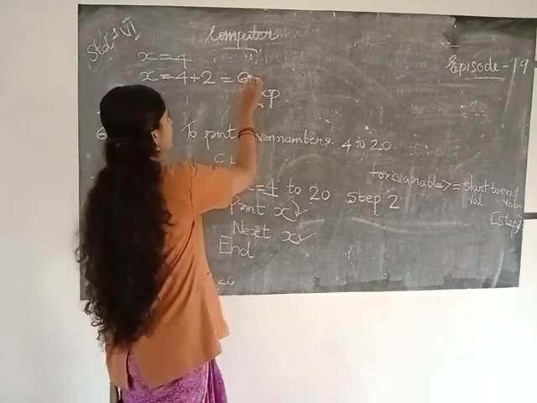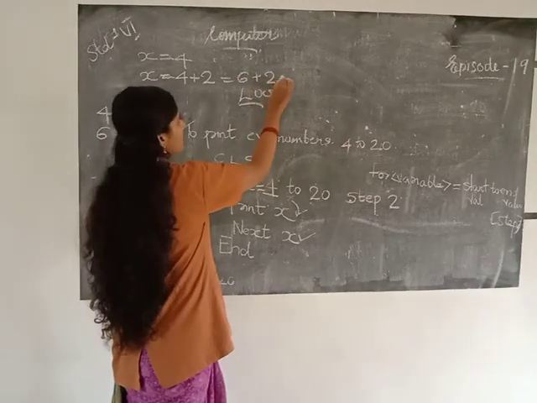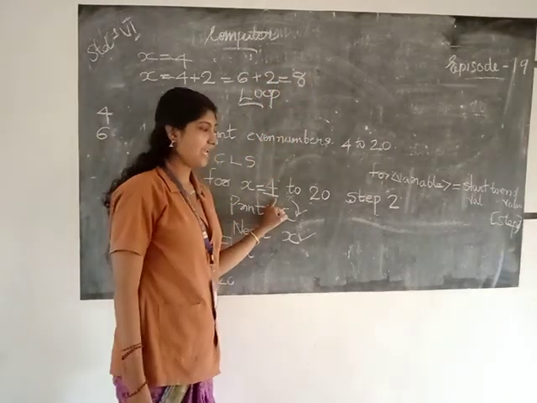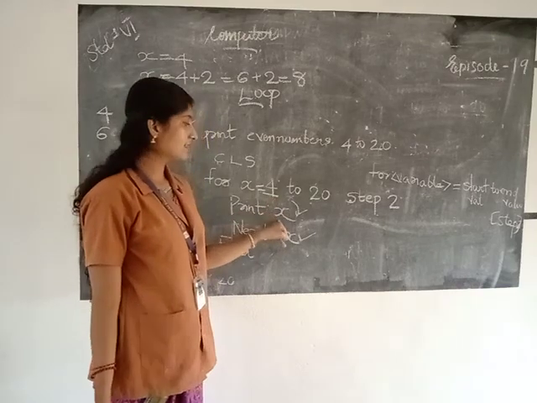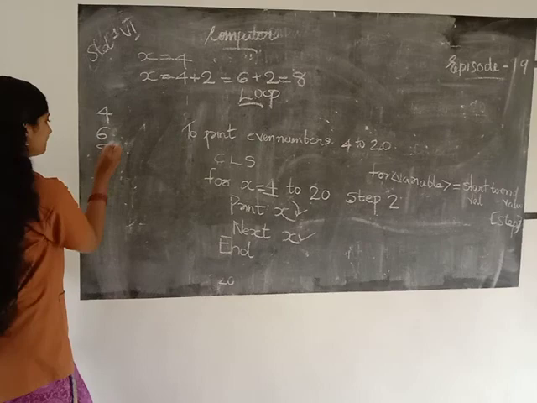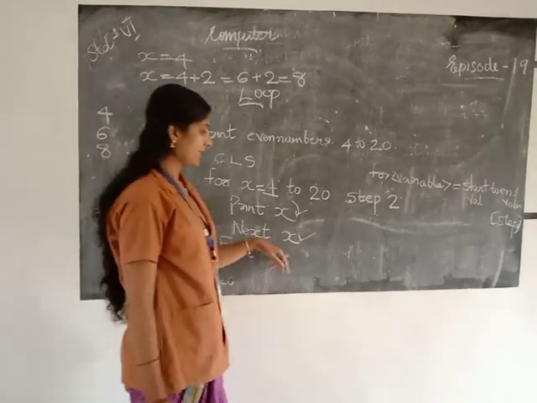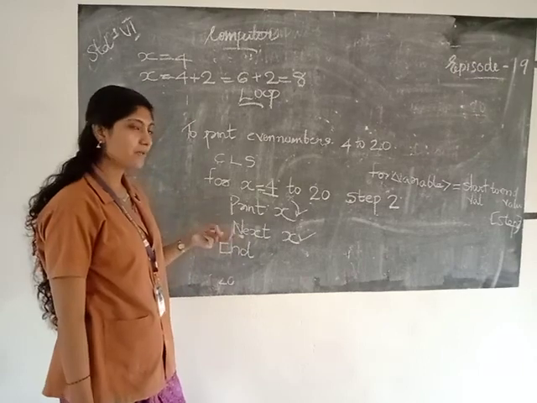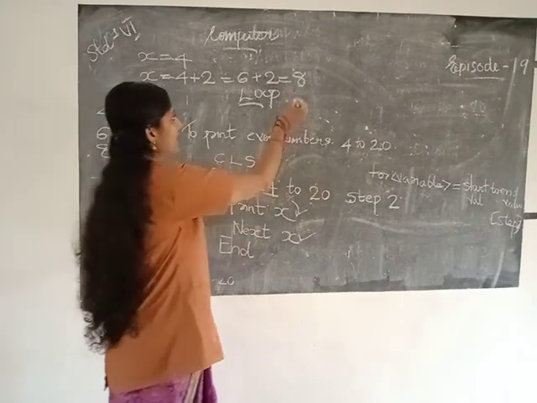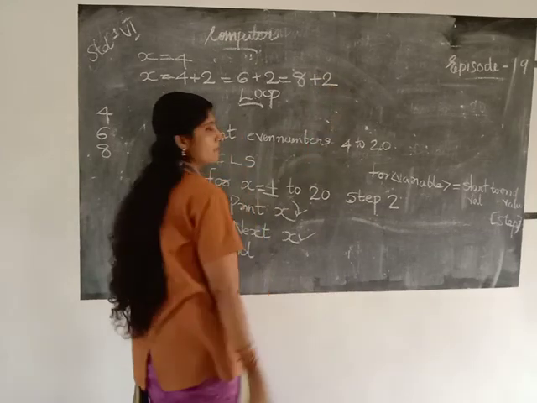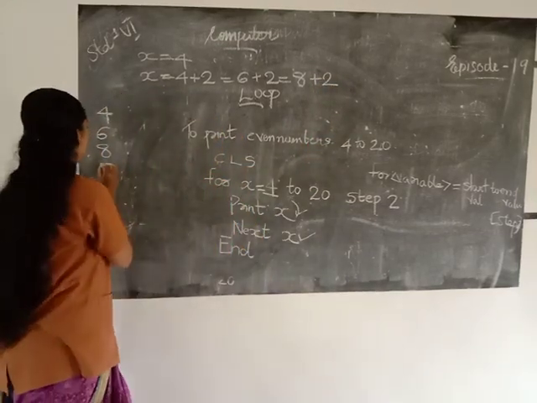That means 6 plus 2 is equal to 8. Now X equal to 8. Then print X means print 8. Then next X, the current value is incremented by 2. That means 8 plus 2 equals 10.